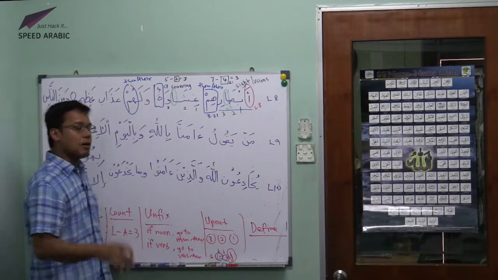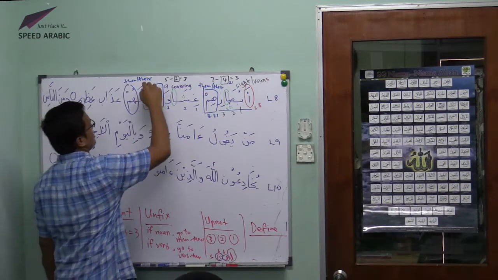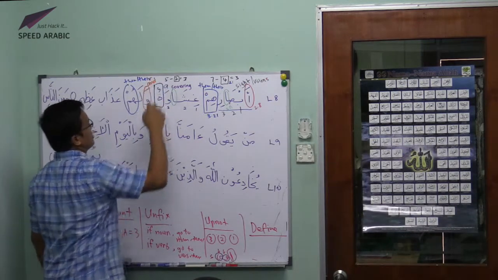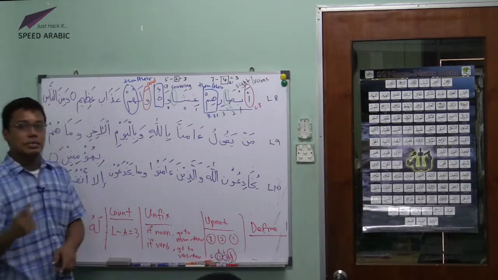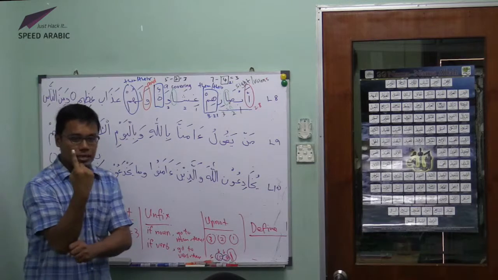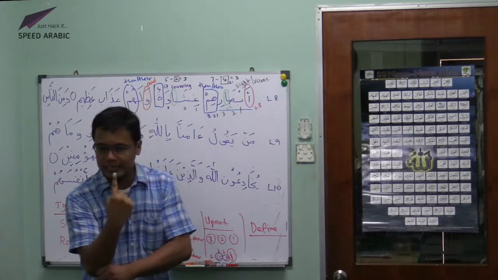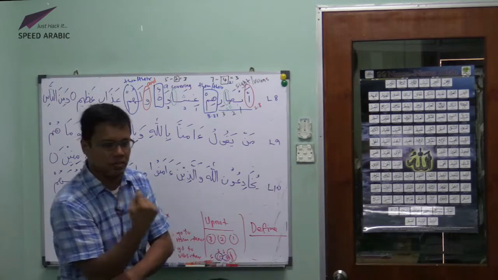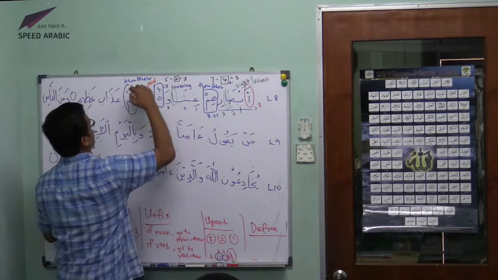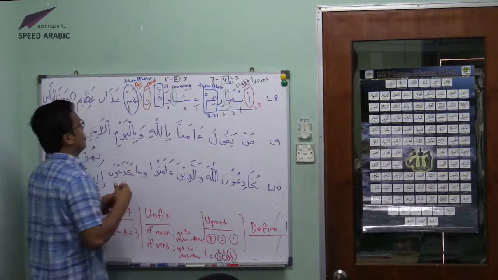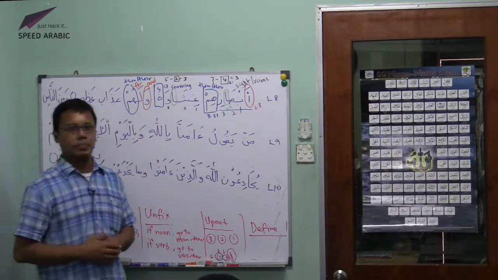Whenever you hear wa, it means and. La is one letter, so you look at the particles with one letter. What's the meaning of it? For. Okay, so you write the meaning of la is for. Walahum. Done for that.